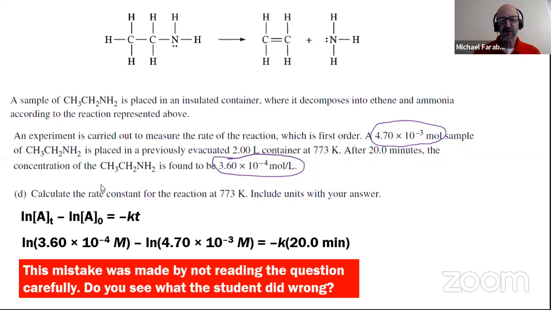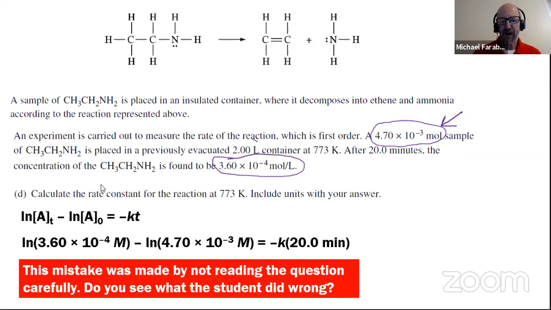Okay, and I specifically circled these two numbers, and I also tried to circle the unit. So we have a difference here between moles per liter and just moles. So if you were not paying close enough attention, you might think that the initial concentration is 4.70 times 10 to the minus 3. But that is the amount of moles.